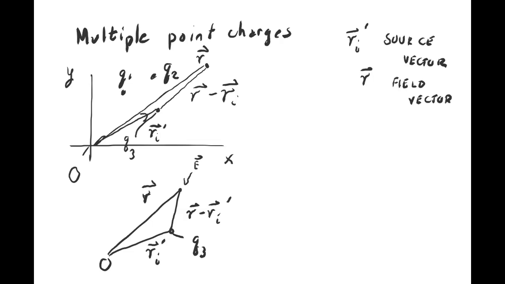And this is the point where I want to evaluate the electric field. So what is that? Well, again, I just take what I wrote down before and generalize it. What I have to do is add up. The principle of superposition always helps. So I add up the contributions from all of those point charges.